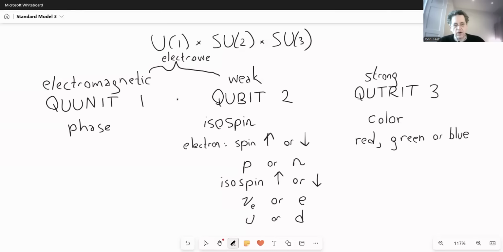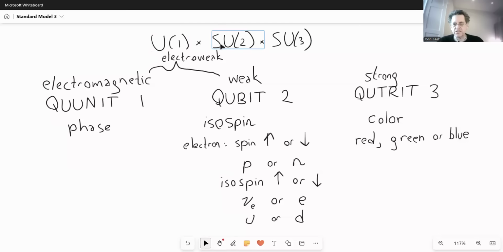And what's going on, which I don't really want to get into too much, is that the copy of the group U1, which is relevant for electromagnetism, is actually not the very visible U1 in this formula that I wrote on the top of the page.